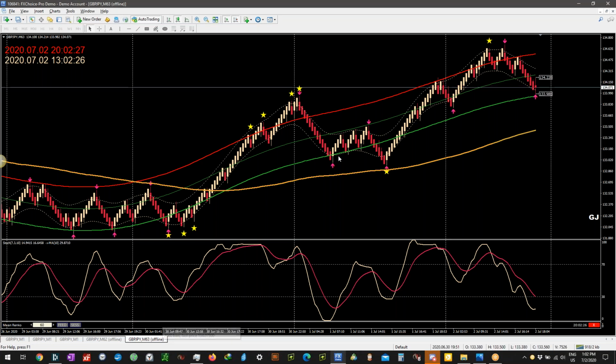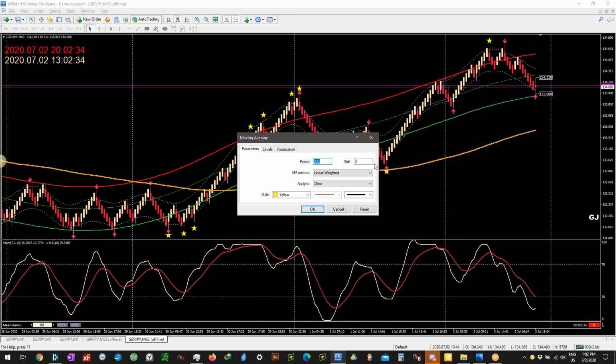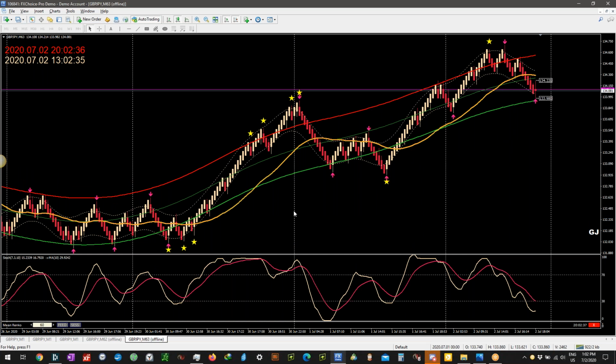This is my template, and this is what I'm going to give you. Okay, I think we should change this not to a 233. I'm going to teach it both ways. I'm going to teach it the fast way, the 50, which is the original way. And if you want to trade like the Nasdaq, then you will need to change it to a 233. But we're talking currencies here.